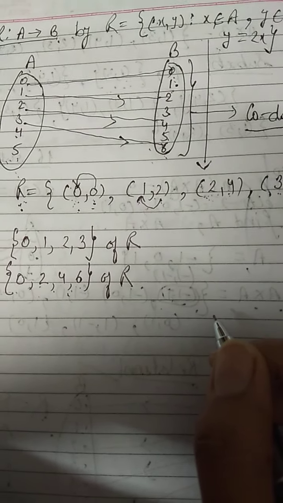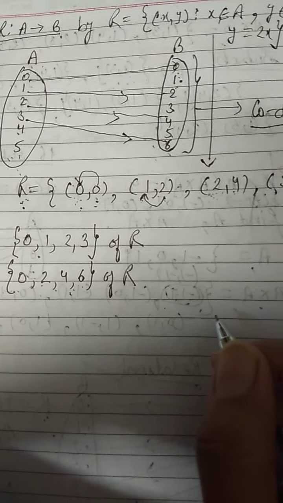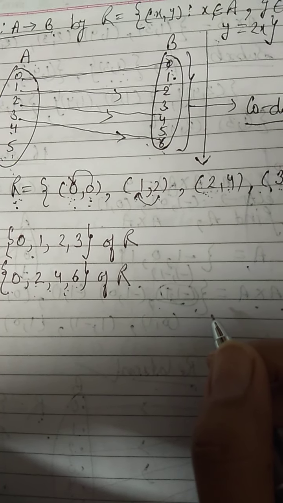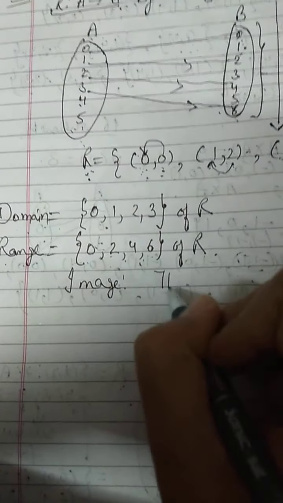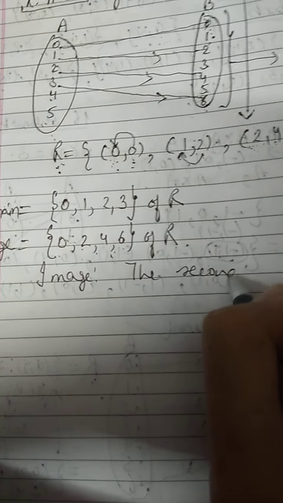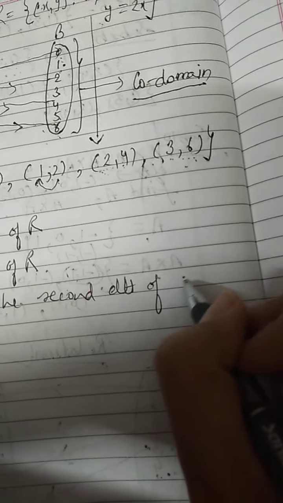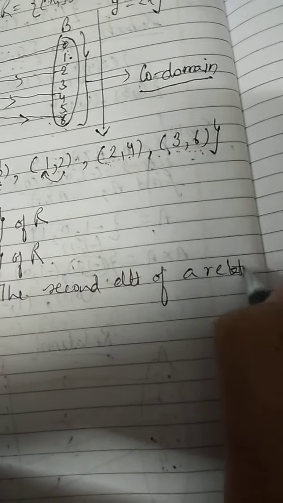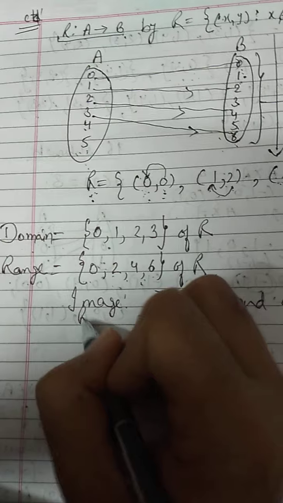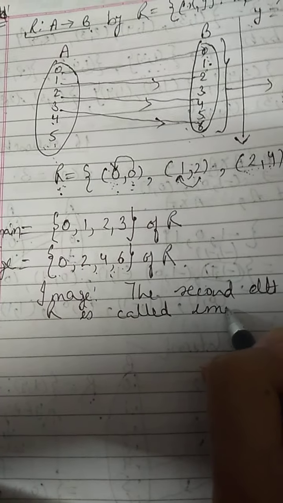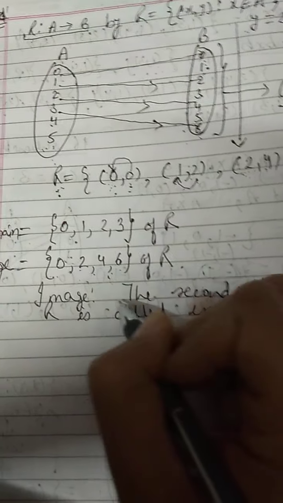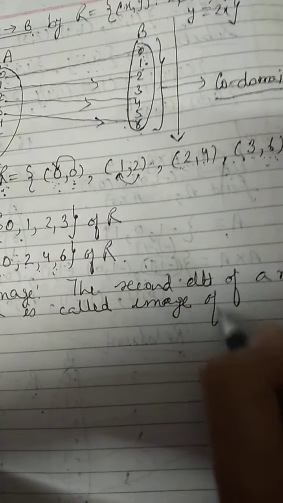Image means the second element of an ordered pair of the relation R is called the image of the first element.